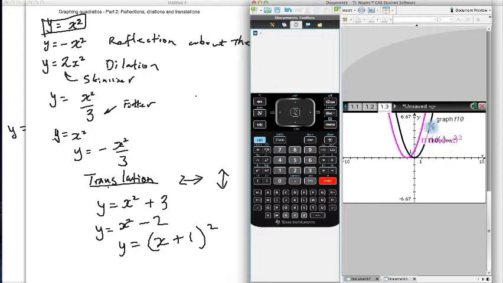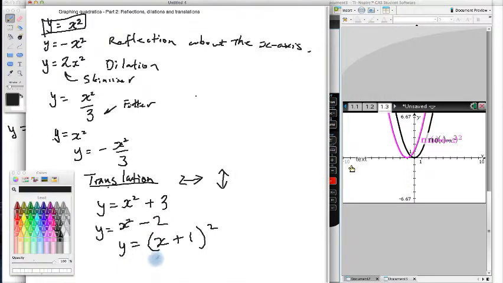Now let's think about why it went left. If for our x value we put in, let's say, 1, then it will become y equals 1 plus 1 is 2 squared. So for x equals 1, y equals 2 squared.